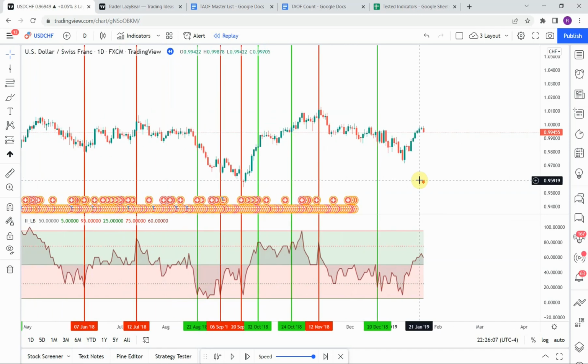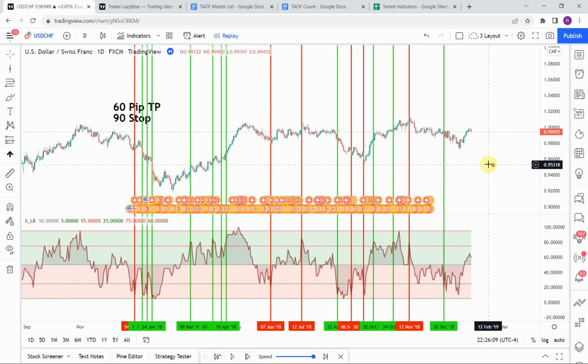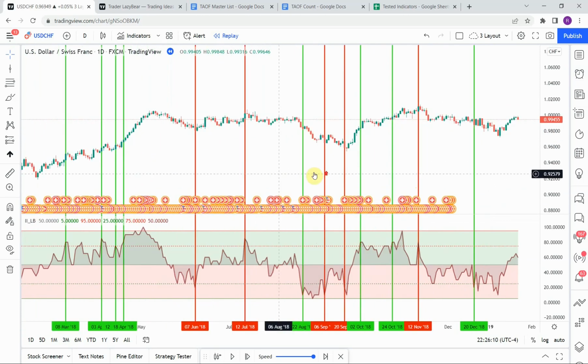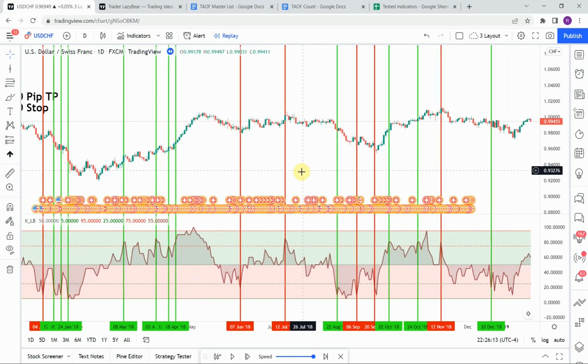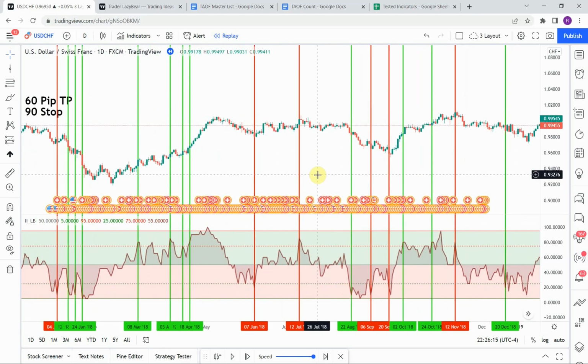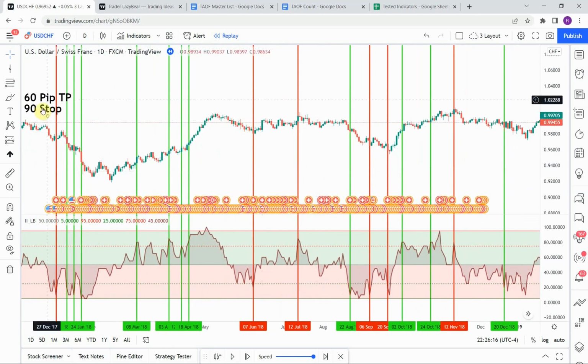All right, so let's go ahead and take a look at our indicator here. Let's go ahead and count it out and see what we get. So we have 1, 2, 3, 4, 5, 6, 7, 8, 9, 10, 11, 12, 13, 14, 15, 16, and 17.